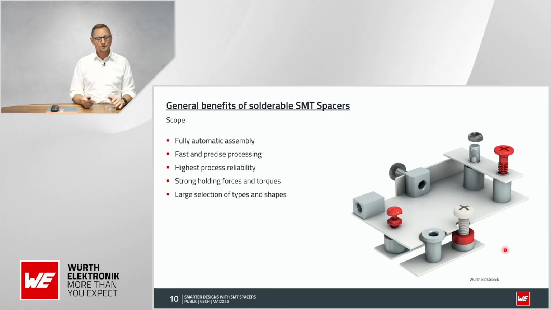At the end, we end up with high holding forces and high torques that we can achieve with a strong solder joint. To fulfill your needs, we have such a large selection of types and shapes, like you can see here some examples on the right-hand side. And additionally, if you're missing a certain length of a spacer, we can build it for you. Of course, we have to rely on the minimum order quantity.